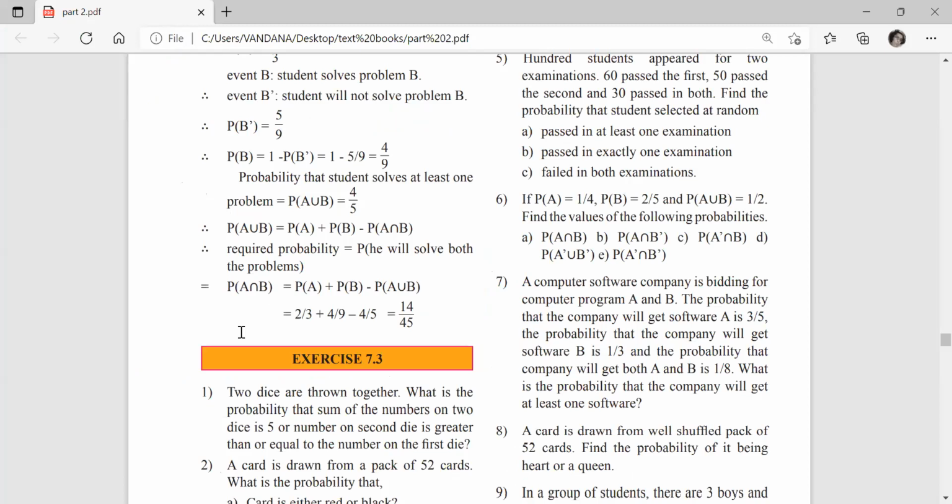Then P of A complement union B complement. P of A intersection B bracket complement. Using De Morgan's law, A complement union B complement का मतलब क्या होता है?